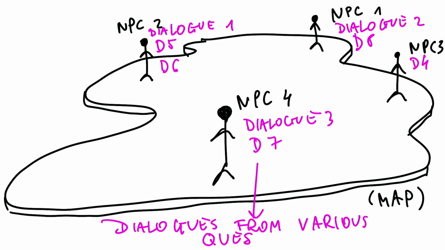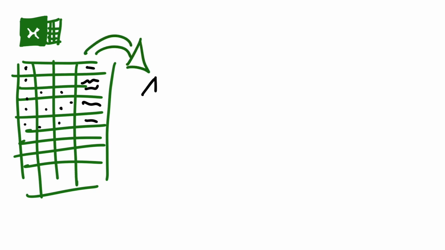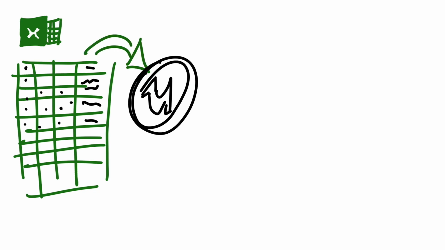And I am not yet sure how to do it efficiently, but this is what I am trying to figure out. If you have any ideas or advice, just let me know. The way I imagine the system would work is that I would have a sort of table, maybe an Excel file or something, that I would just fill in with data. Well, not me, my friends, the ones that write the dialogues, and then I could just import it into Unreal.